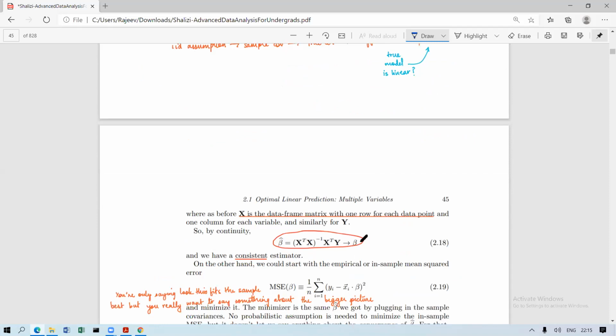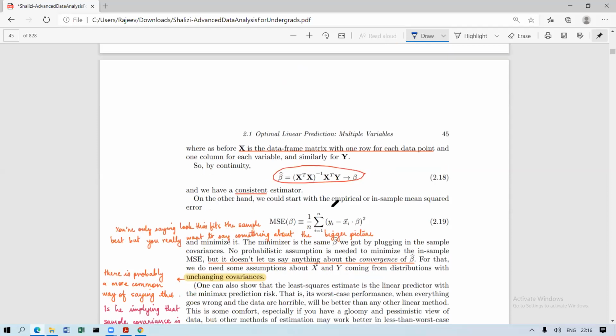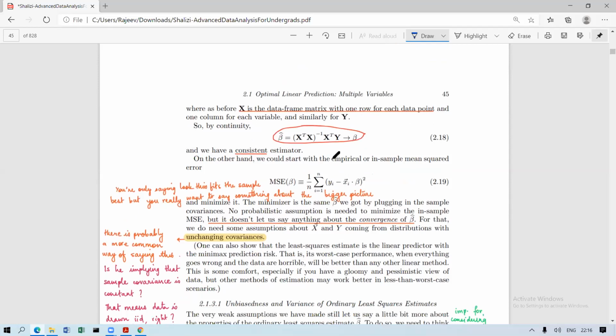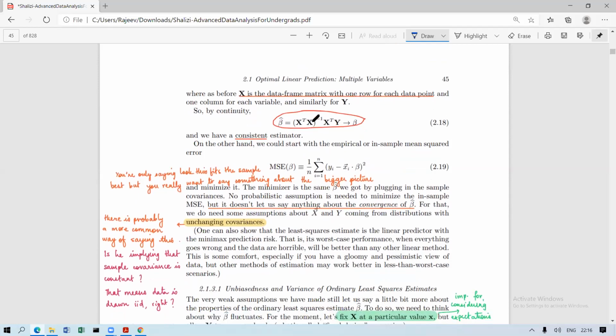And how many of you have seen this equation? It was in the machine learning class again. You can also get the same equation by what I was saying earlier: if you differentiate this equation with respect to the beta vector, and then equate it to 0, then this is what you will get again.